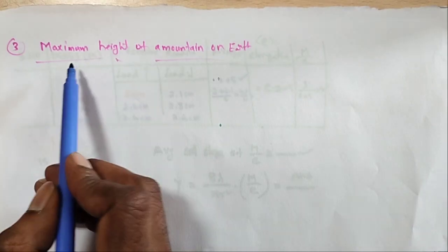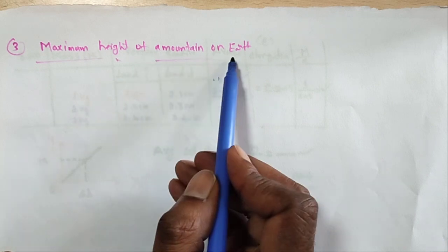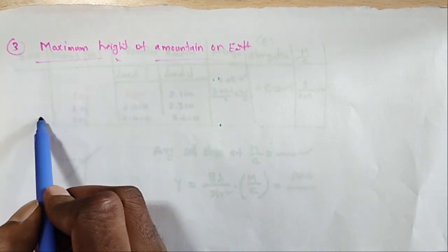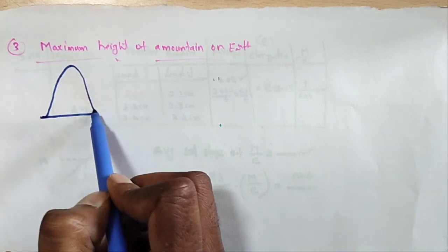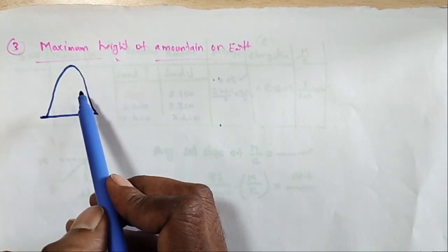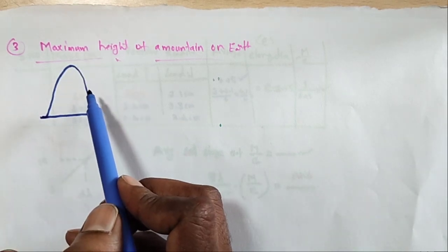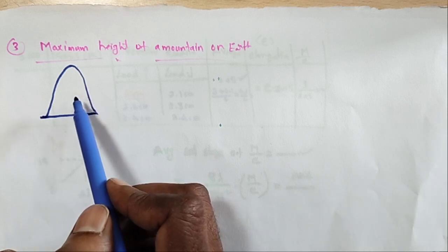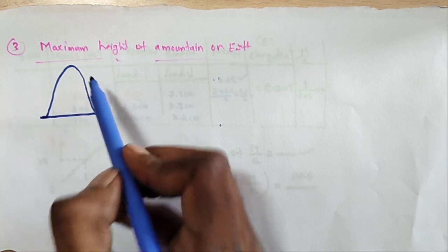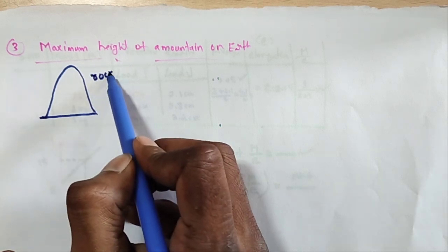Third application, maximum height of a mountain on the earth. On the earth I am taking a very big mountain. When the mountain is there, we know that the mountain has more weight. So it is considered with the elastic properties of the rocks. Let us take rocks or a mountain.